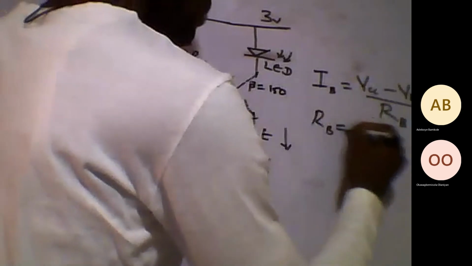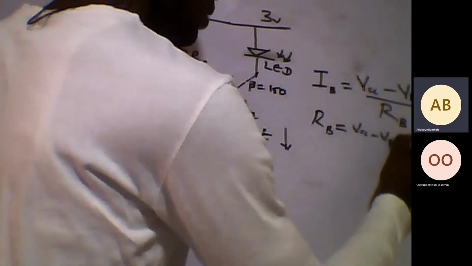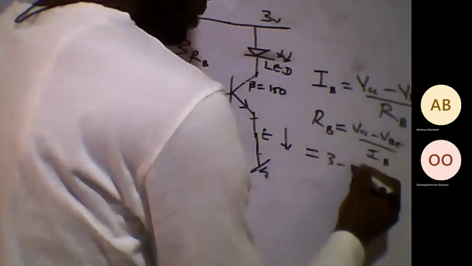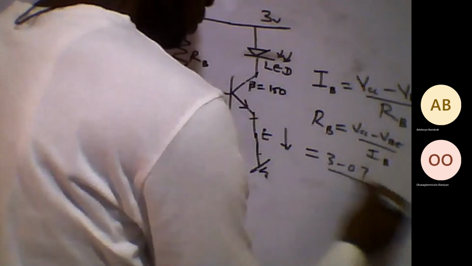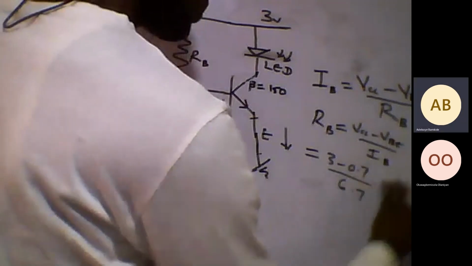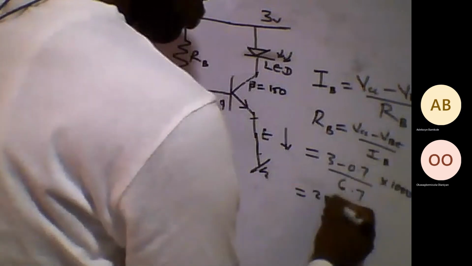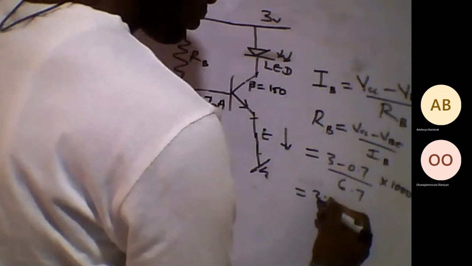Your RB will then be VCC minus VBE over IB. And that will give you what? 3 minus 0.7 over 6.7 times 1000 equals what? 2.3.